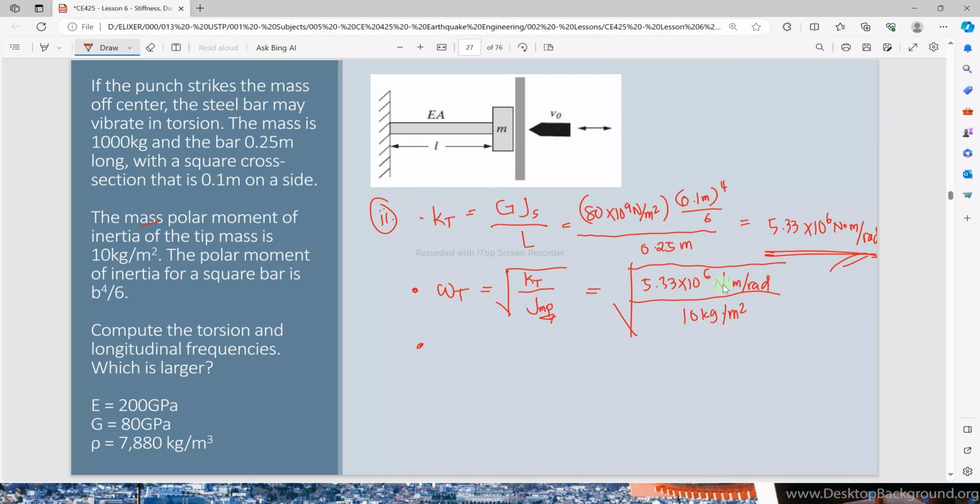Then we come up with a torsional natural frequency equal to 730 radians per second. If we recall, our longitudinal natural frequency is equal to 2,819 radians per second, so you will know which is larger. Of course, our longitudinal stiffness is larger than the torsional stiffness.